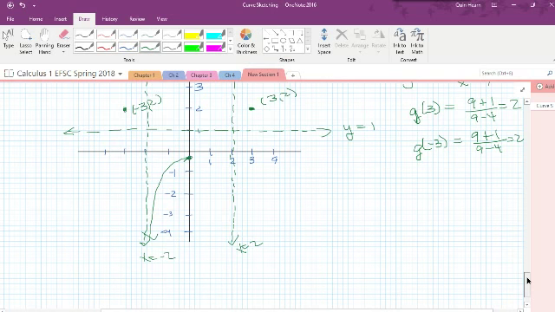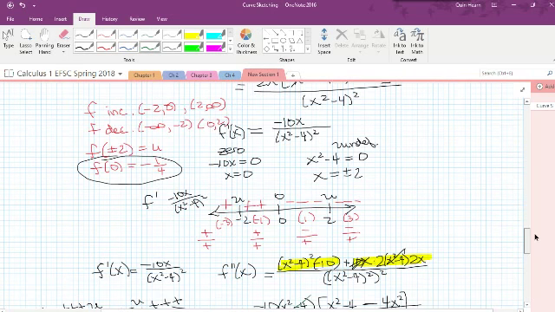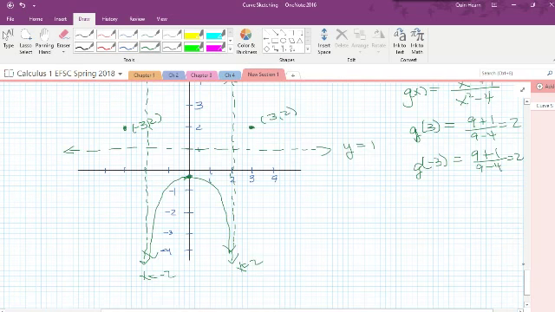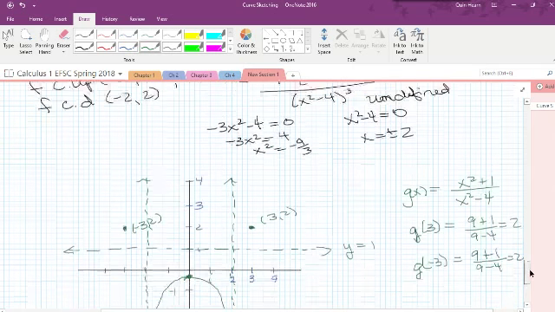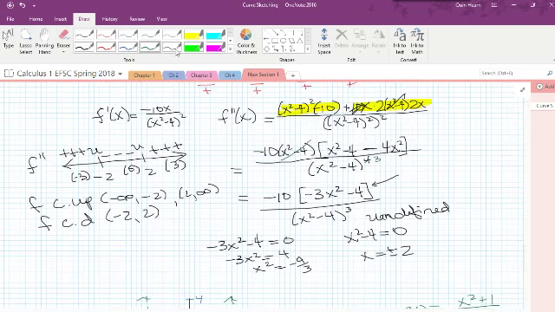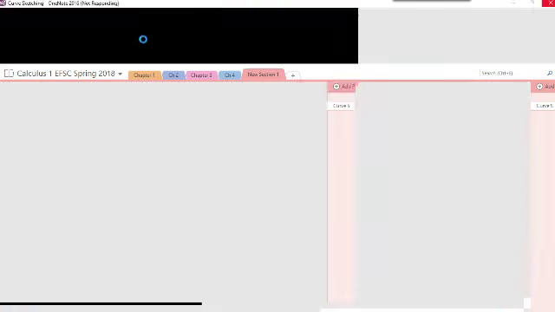Okay, and now let's recall what we know about the shape of the graph. So coming back up here, remember f is increasing between negative 2 and 0 and from 2 to infinity. So between negative 2 and 0, f is increasing. It also happens to be concave down between negative 2 and 0, right?